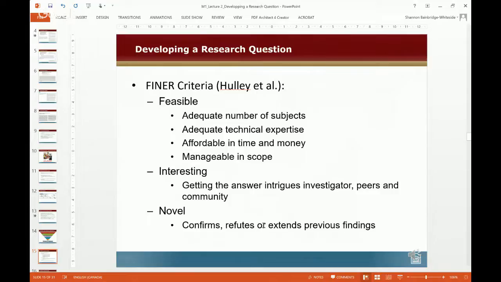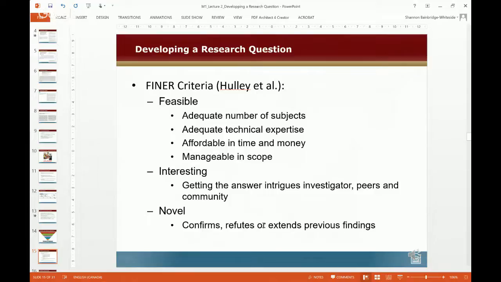So the first thing you want to ask yourself is, is my research question feasible? Sometimes you can have these amazing ideas, but at the end of the day, there's just really no way that with the amount of research and money that is available to you that you could actually get that study completed. So you have to think about things like how many patients you actually would need to see in order to execute the study.